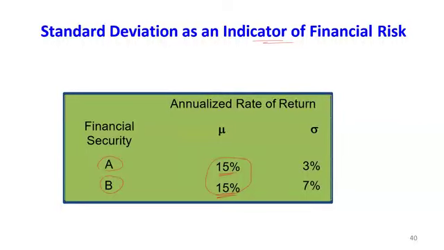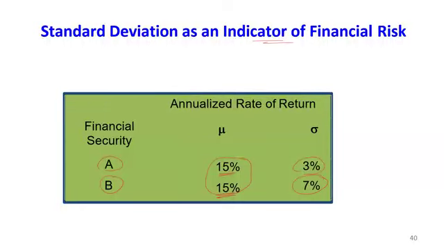But when you add the standard deviation along with this mu, now comes the reliability part, which I was talking about. How can you decide on the reliability? Now I'm saying the rate of return is changing by 3% here, and here it is changing by 7%. Now with this you can decide which stock you need to invest in.